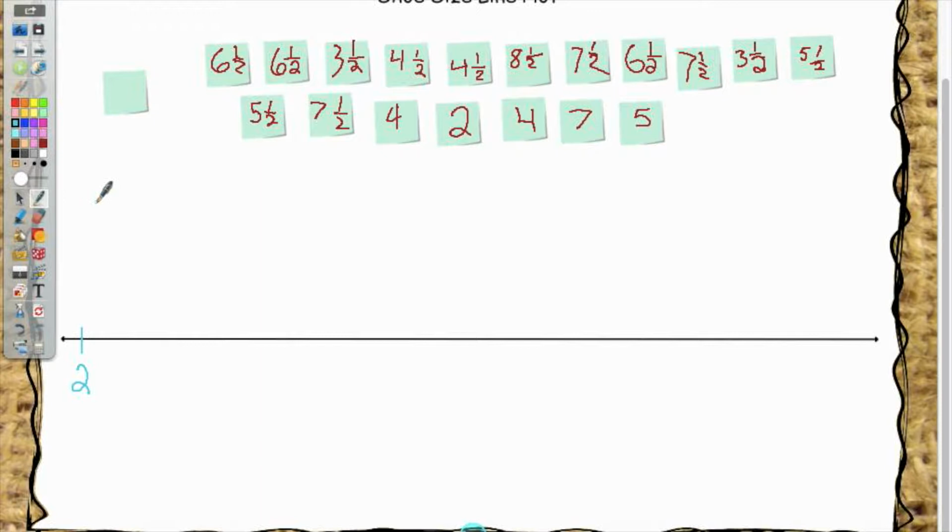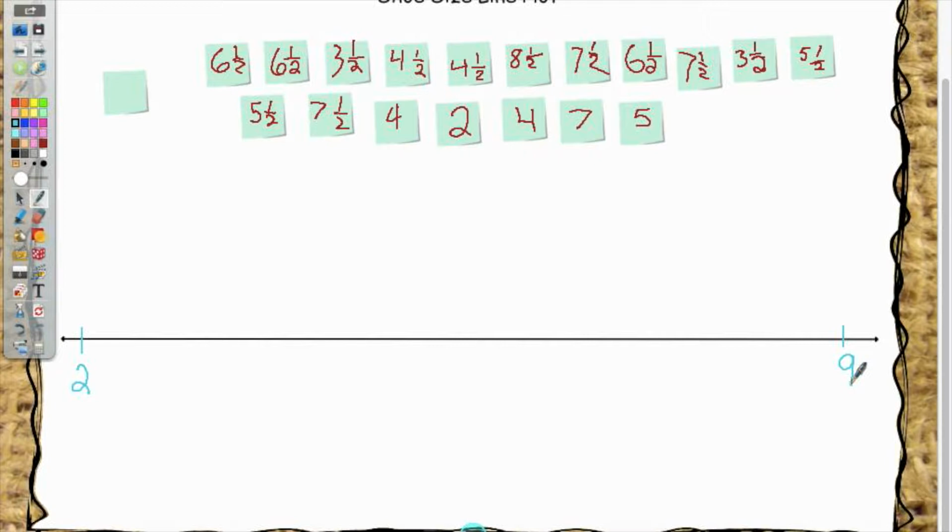Okay, but how am I going to know where to put 8.5? On the number line, how will I know? Oh, at the end. Should we just put a whole number on there? Yes. What whole number? 9. Okay.